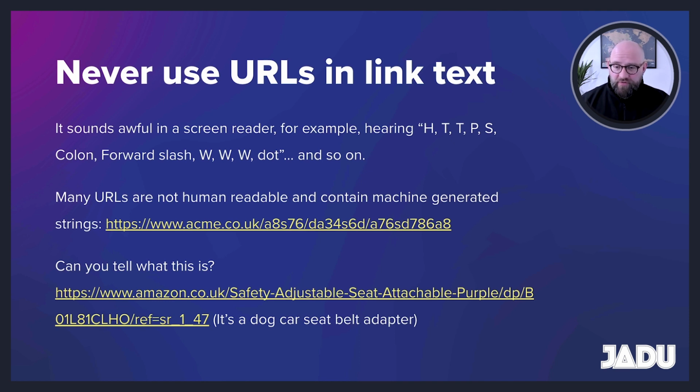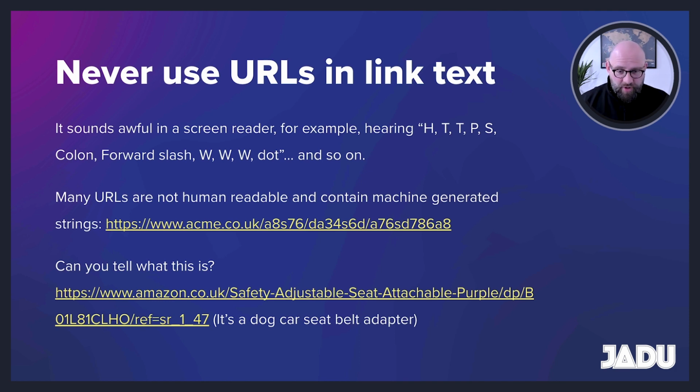Also, it's not always obvious by using a URL as link text where the link will lead. For example, can you tell where this Amazon link leads? The link reads www.amazon.co.uk/safety-adjustable-seat-attachable purple/DP/B01L81CL HO/REF equals SR_1_47.